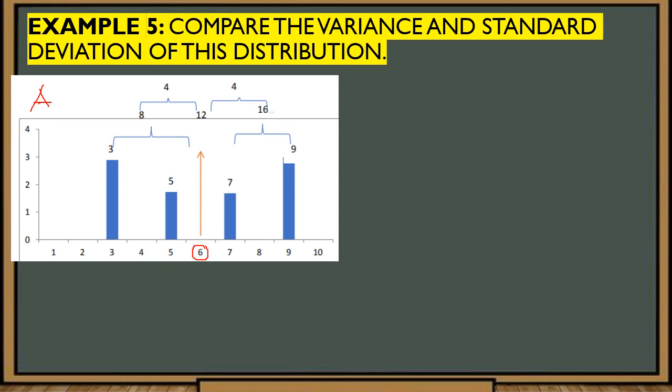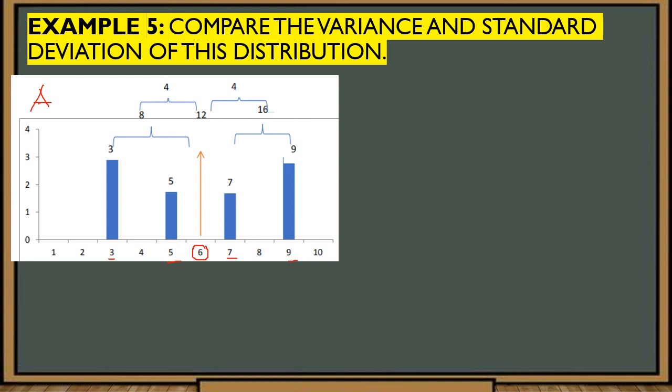We can check that by simply adding the values of x: 3 plus 5 plus 7 plus 9 is equal to 24 divided by 4, since we have 4 values here, so the average is equal to 6. So the mean is 6.